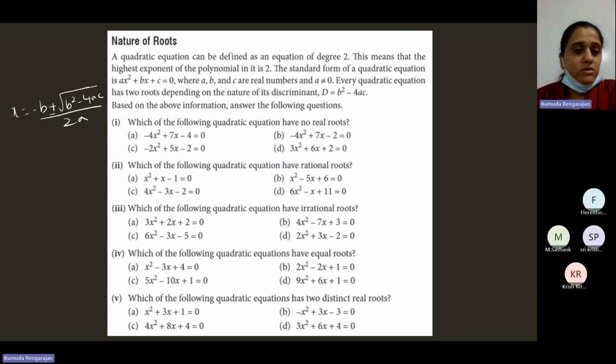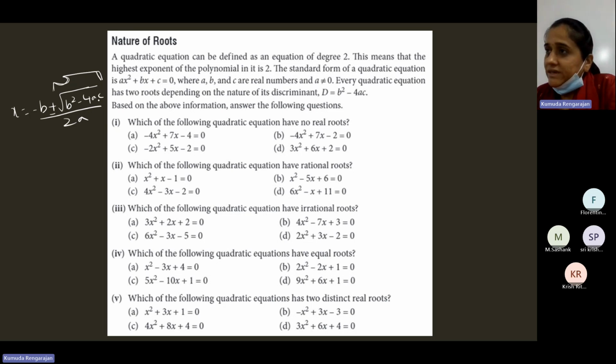Okay, so now rational or irrational is determined by this part of the formula. Whether the roots are going to be rational or irrational is determined by this expression, root of b square minus 4ac, which means root d, the value of d.